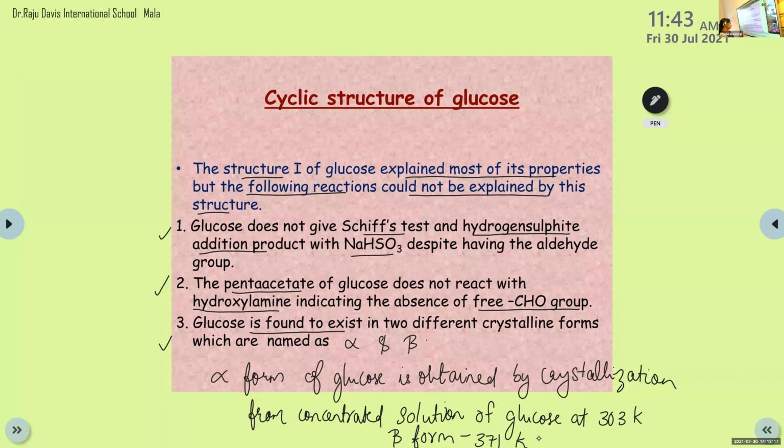Same method. Alpha form of glucose is obtained by crystallization from a concentrated solution of glucose at 303 Kelvin, and the beta form will be obtained at 371 Kelvin. And this beta form is from a hot and concentrated solution. Okay, hot.